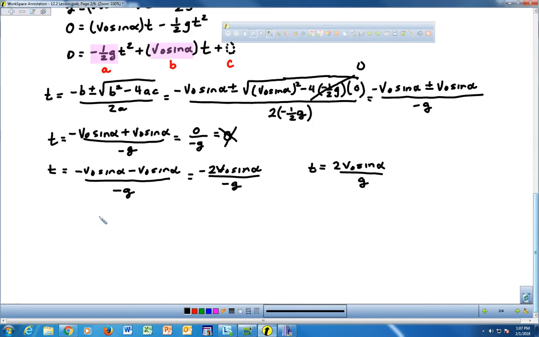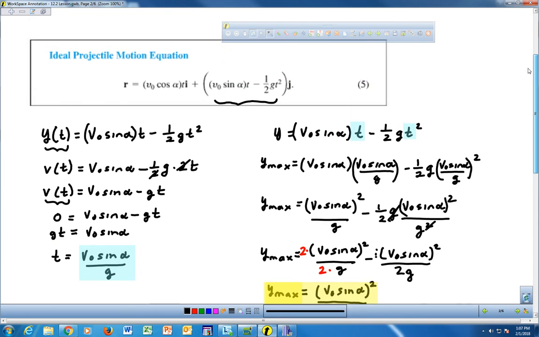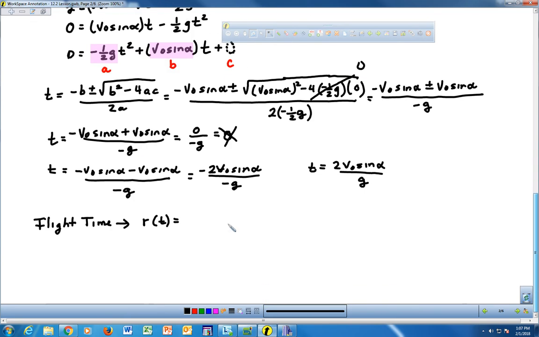So now if I want to calculate the flight time, I just want to know what is the horizontal distance that the projectile is going to cover, and that is only given by the x component of the position of the projectile, and that x component is given by this formula, the initial velocity cosine of alpha times t.